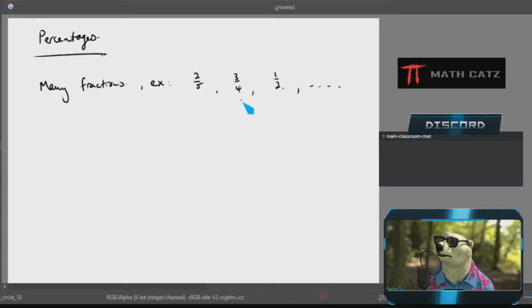And it's difficult to very quickly compare these fractions to each other, especially when they're close. If I think, well, let's make another one here. 2/5 versus, I don't know, let's say 5/11.